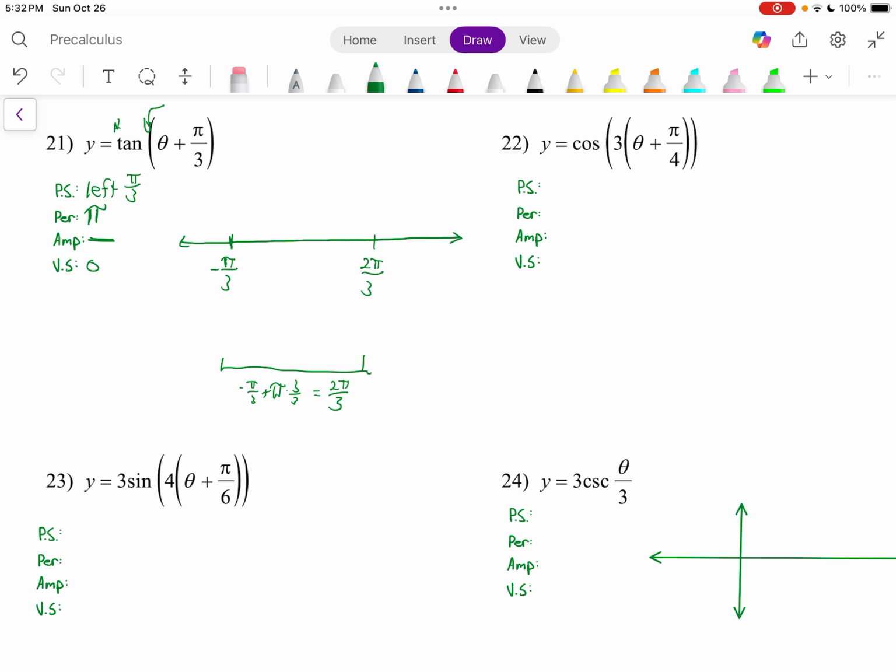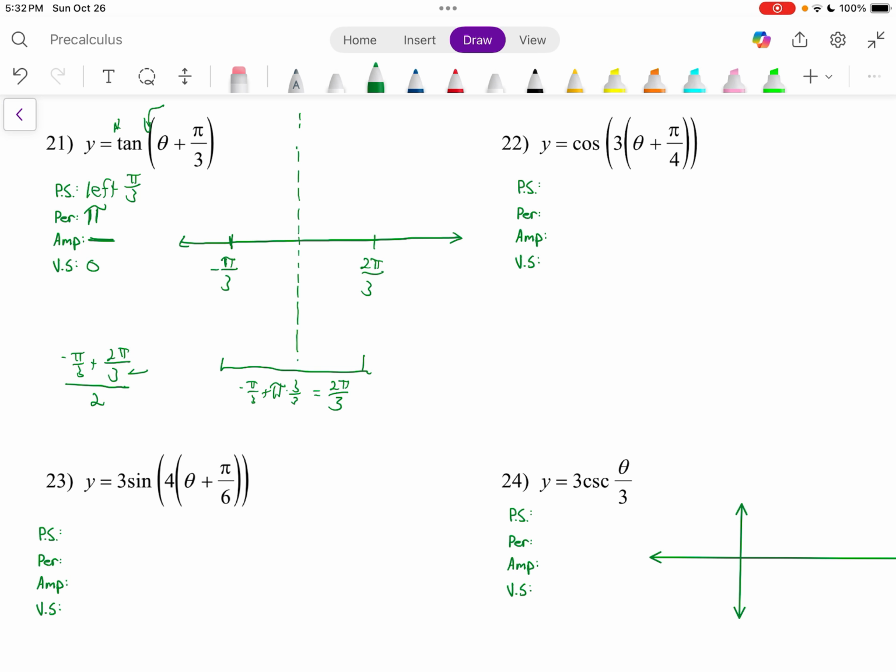And then we want halfway in between, which we know will be a vertical asymptote. We can add those together and divide by 2 to find that middle point there. So negative pi over 3 plus 2 pi over 3 divided by 2.